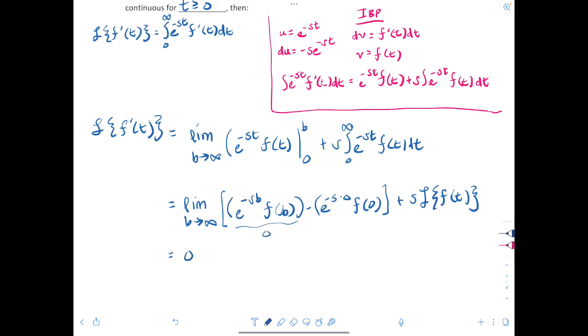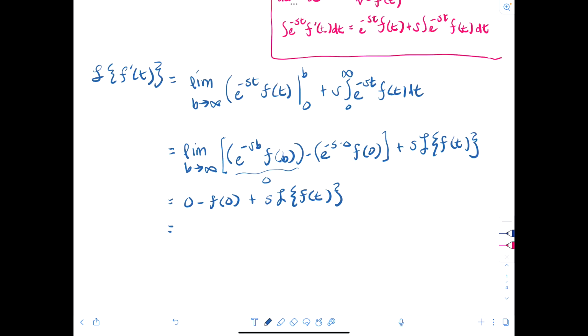So we'll get 0 minus f of 0 plus s times that Laplace transform of f of t. And that's just going to be s times the Laplace transform of f of t minus f of 0. Groovy?